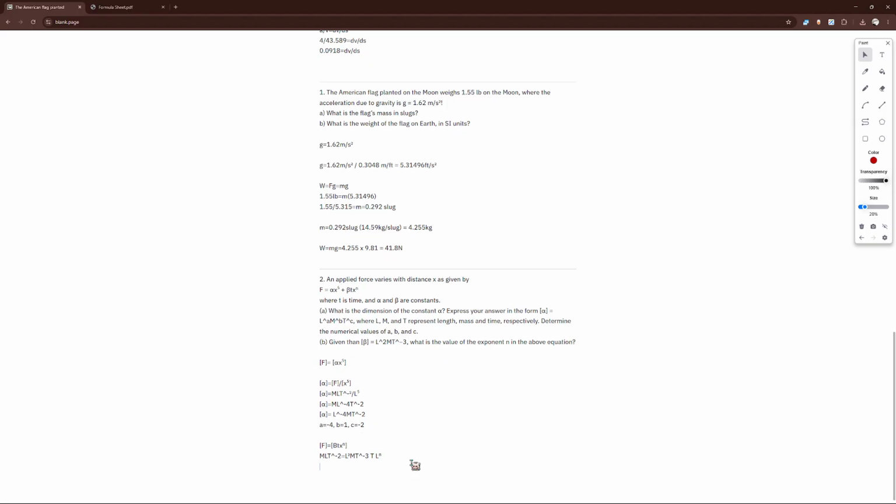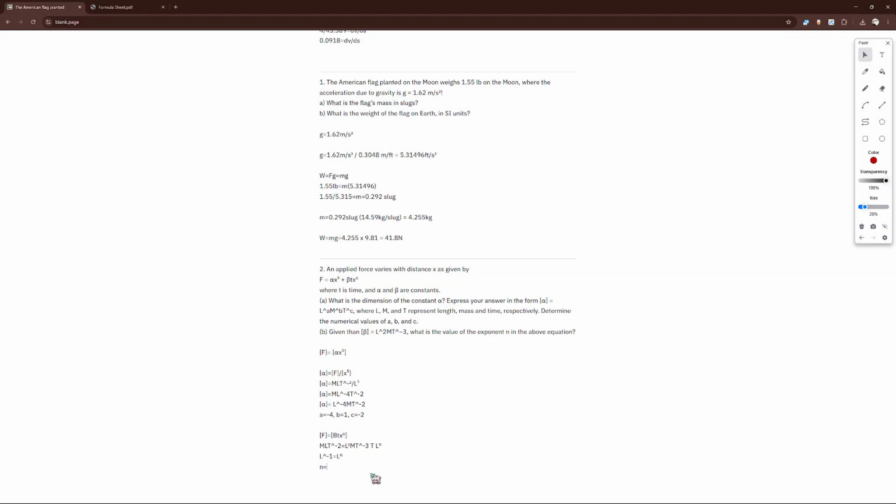So if we cancel some stuff out, M's cancel, one of the L's cancel, okay, and then T to the -3 times T makes T to the -2, so the time cancels. So we're left with L to the power of -1 is equal to L to the power of n, right? So that just means n is equal to -1, and that's the question solved.